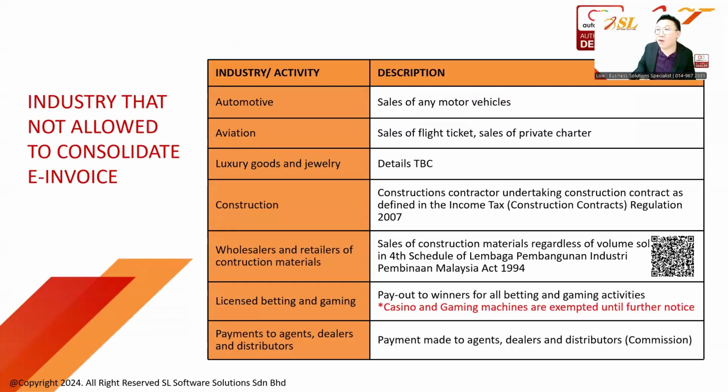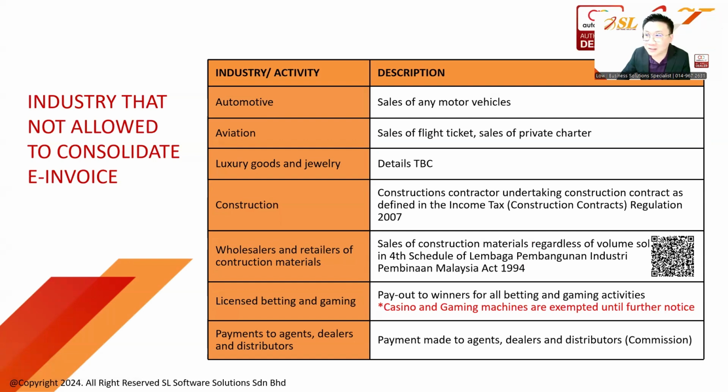By the way, not all businesses can issue a consolidated invoice. Our government's income tax officers smell the money, they know where you spend most. For those where you spend most, they need proof and evidence. They need your IC as well. For example, automotive: if you buy cars, you need to provide your IC.